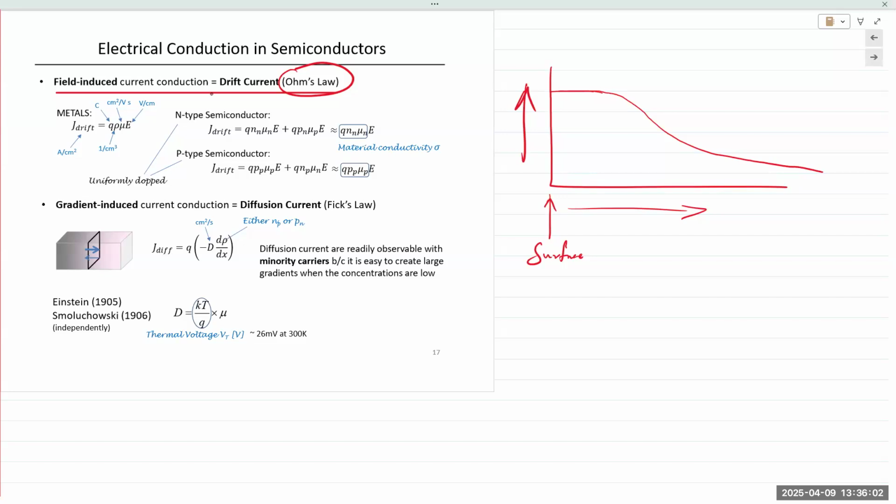That current flow is known as diffusion. It occurs because of the gradient in the doping profile.